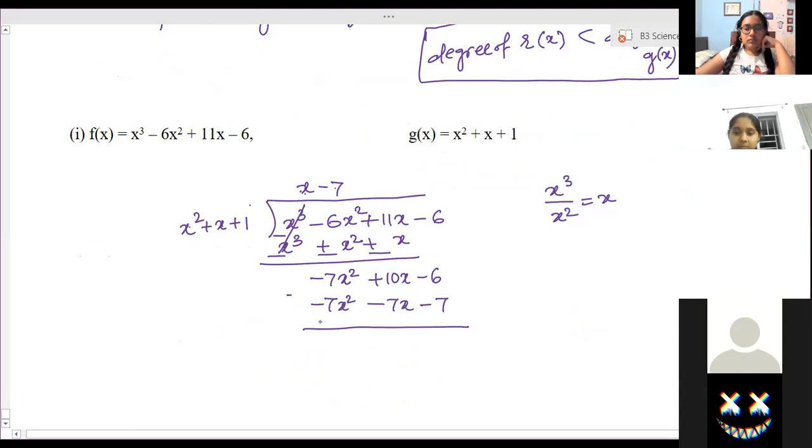So subtraction, the sign of the second polynomial will change. This gets cancelled. Plus 10 plus 7 will become 17x. Minus 6 plus 7 will become plus 1. So your q(x), that is the quotient polynomial, is x minus 7, and the remainder polynomial is 17x plus 1.